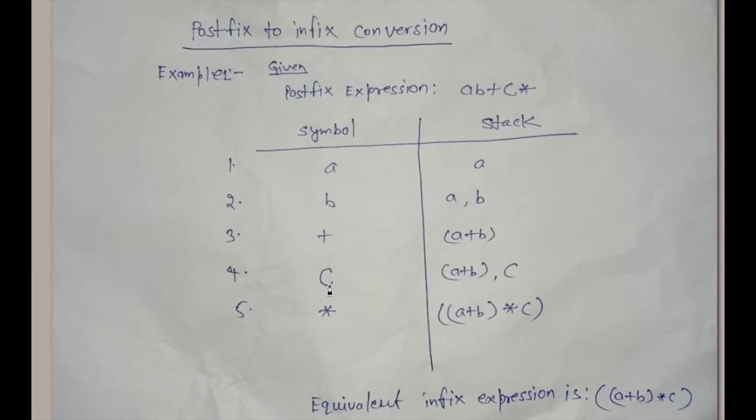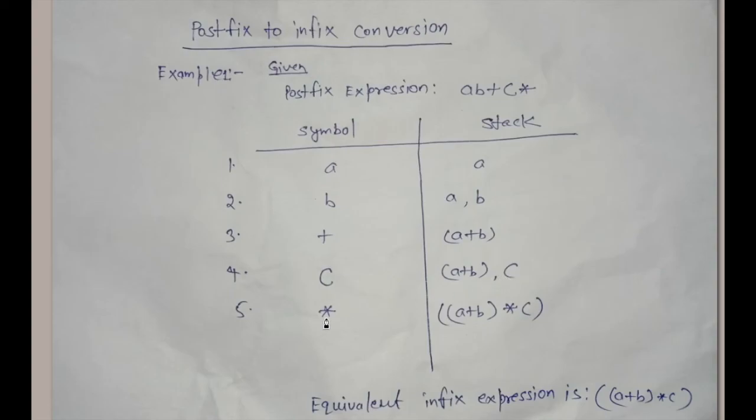Now the next element is C. The operation has been performed, and A plus B is now one complete element at the top. The next symbol is C. Because C is an operand, it is simply inserted into the stack.